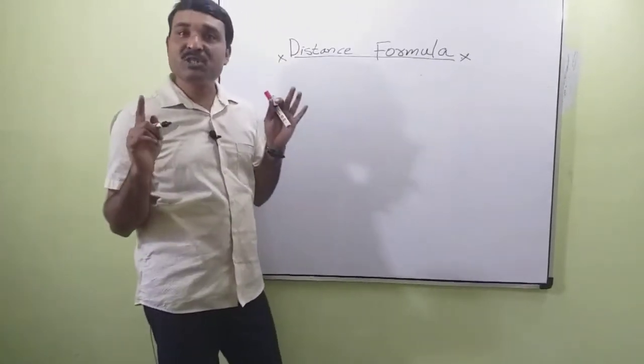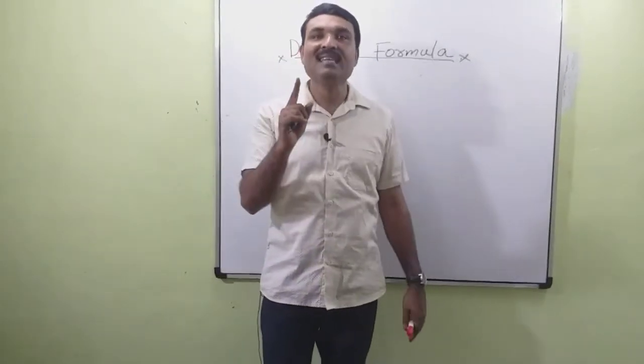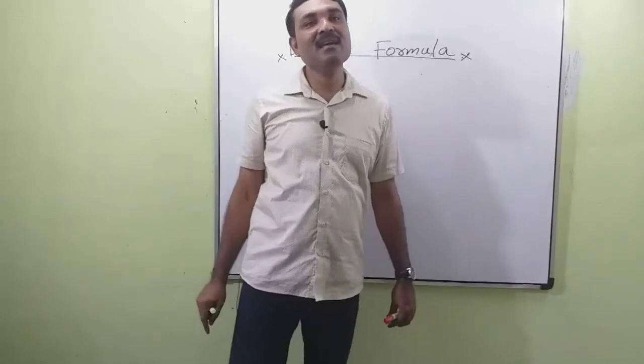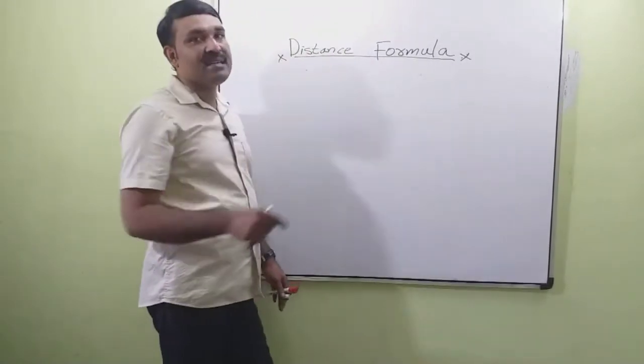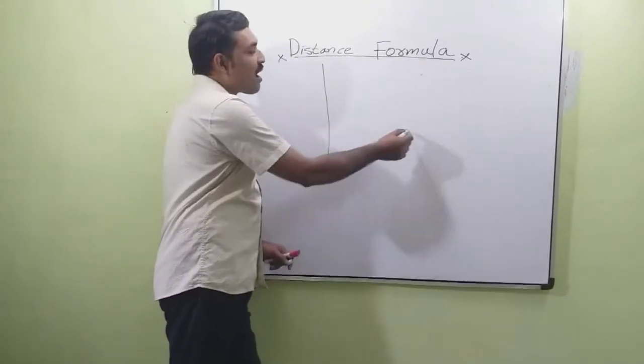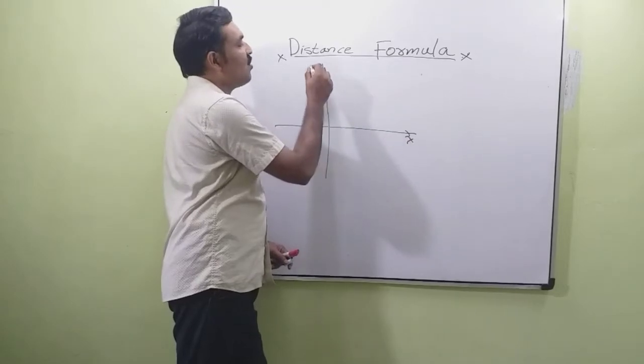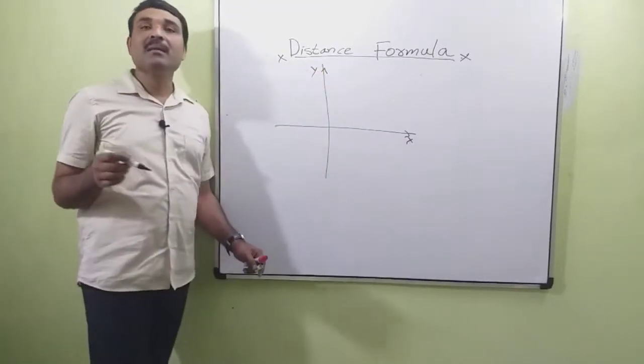Suppose we have a 2-dimensional space. We want to find the distance between 2 points in the xy plane, which can be obtained by making use of the distance formula. Suppose I am drawing an xy plane, with x axis and y axis, a two-dimensional plane.